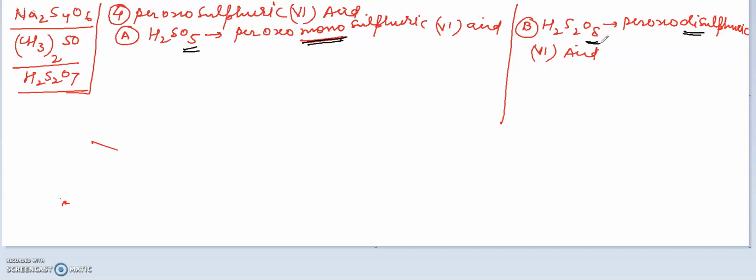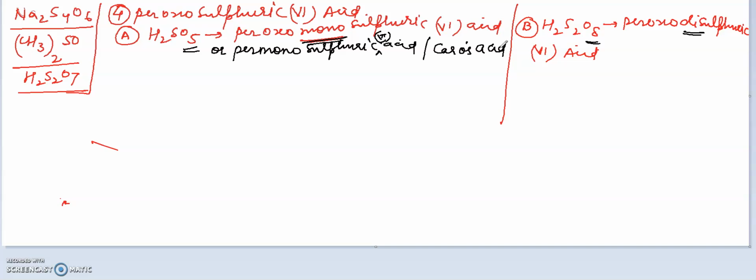Peroxomonosulfuric acid is also known as permonosulfuric acid, permonosulfuric(VI) acid. Its another name is Caro's acid.